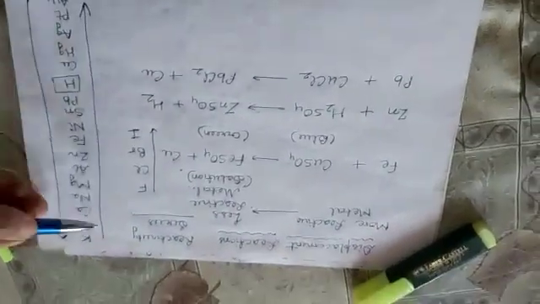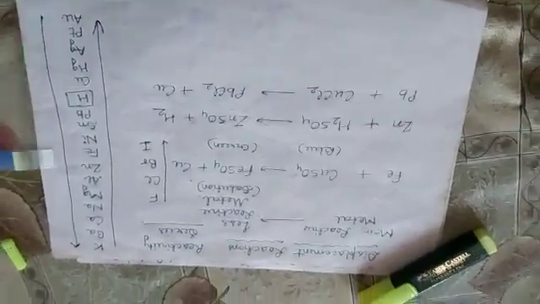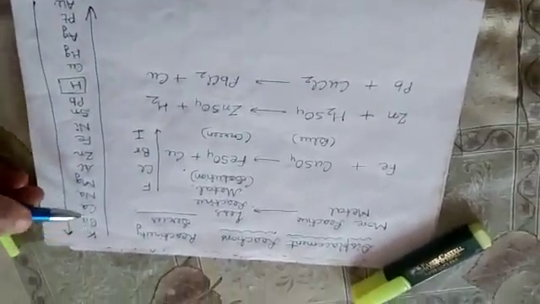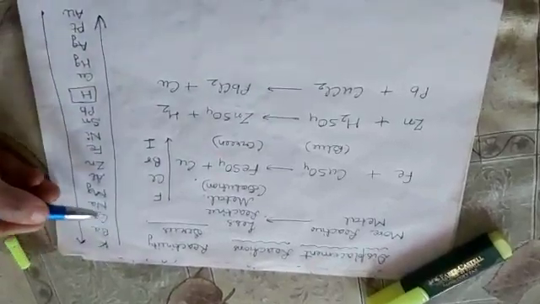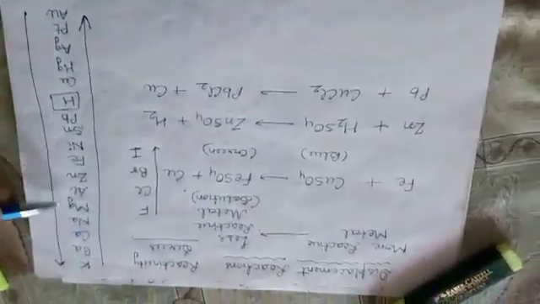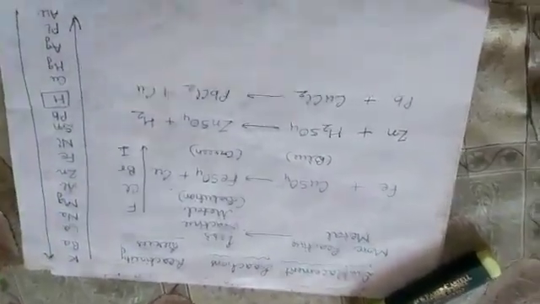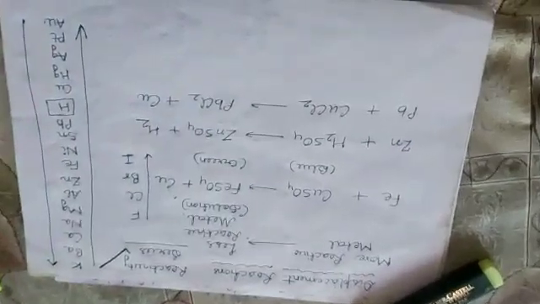That means the most reactive will be at the top and the least reactive will be at the bottom. Such a series, in which the metals are arranged in decreasing or increasing order of their reactivities, is called the reactivity series.